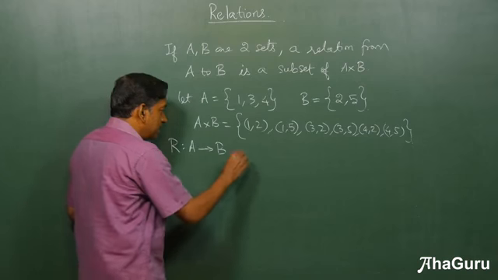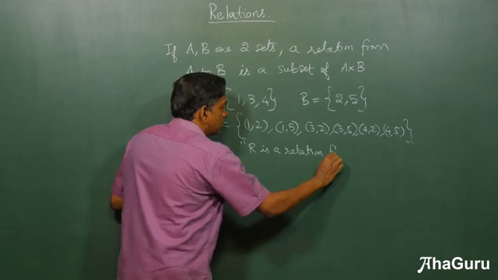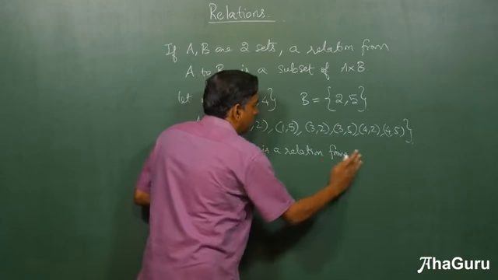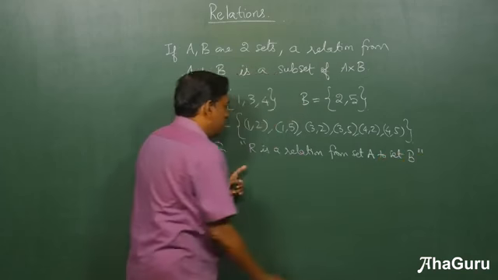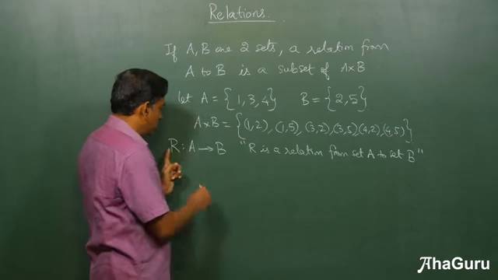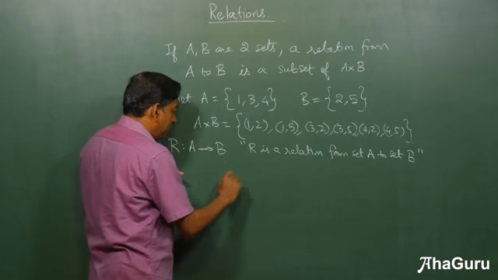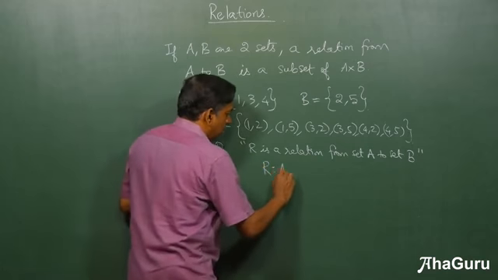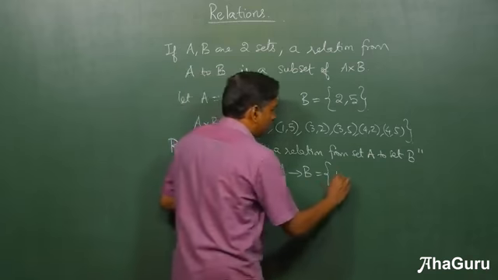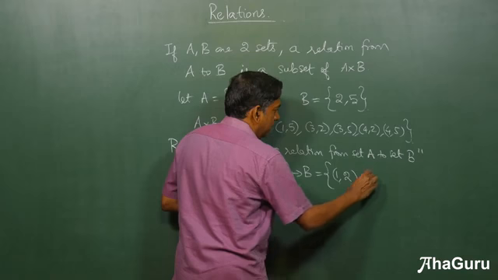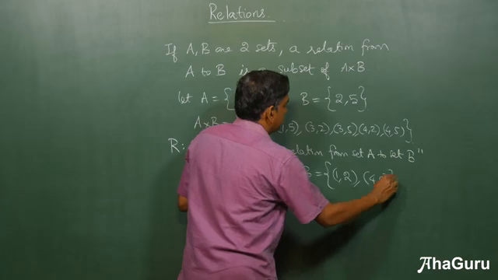So this thing says R is a relation from set A to set B. So instead of saying this full sentence, we can use this notation R colon A arrow B. Suppose I say R equals, let's just take 2 elements. So let's say 1, 2 and so let's say I do 4, 5.